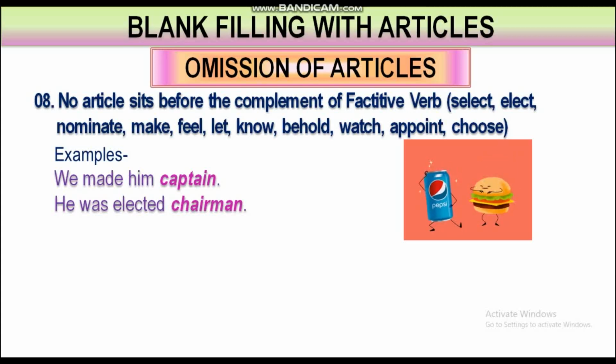He was elected chairman. Here in the sentences, captain and chairman are used as the complement of factitive verb made and elect, and that's why no article is used before captain and chairman.